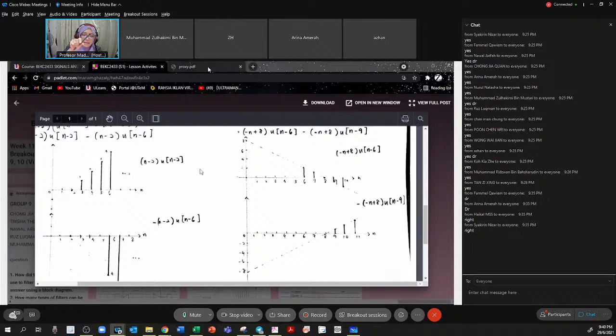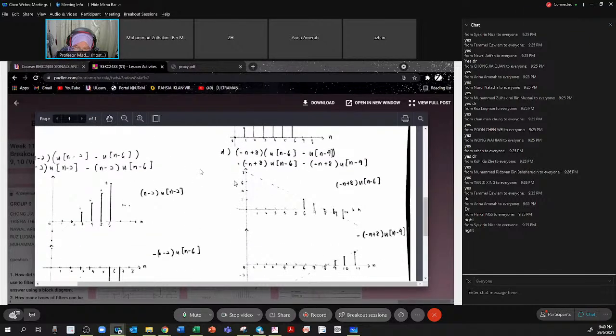Okay, inverse. And you know that it's already been shifted to the left side. So if I look at yours, can you move up again a bit? I need to see the equation. Okay, minus n. This one is minus n plus 2.